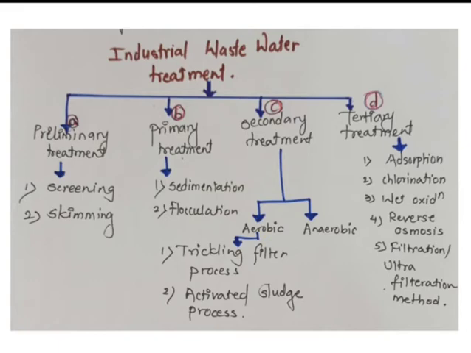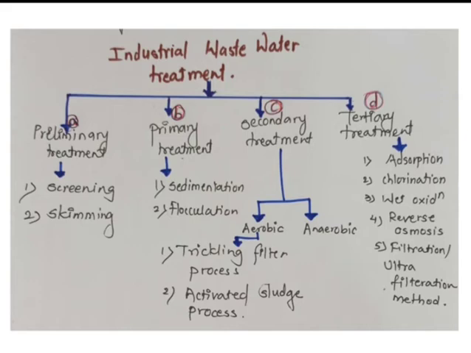In previous lectures we have discussed this secondary treatment in detail, aerobic and anaerobic wastewater treatment, and in aerobic treatment we have seen the trickling filter process and the activated sludge process.